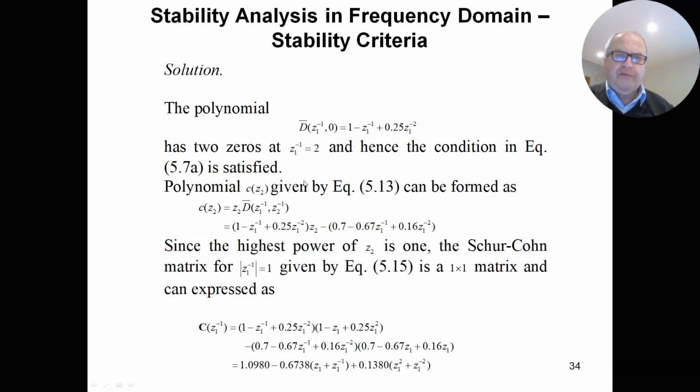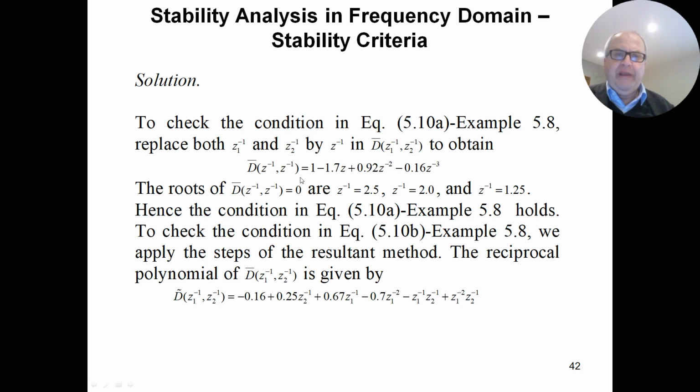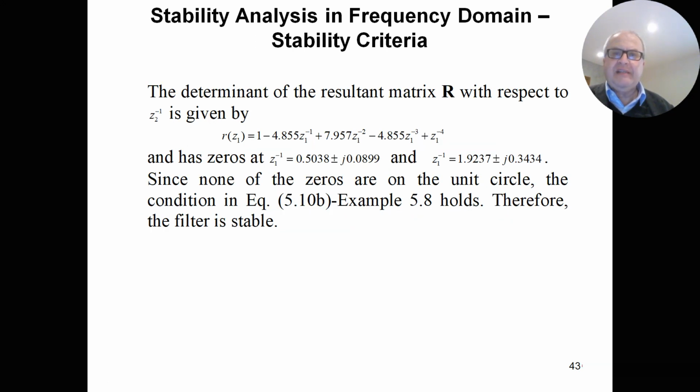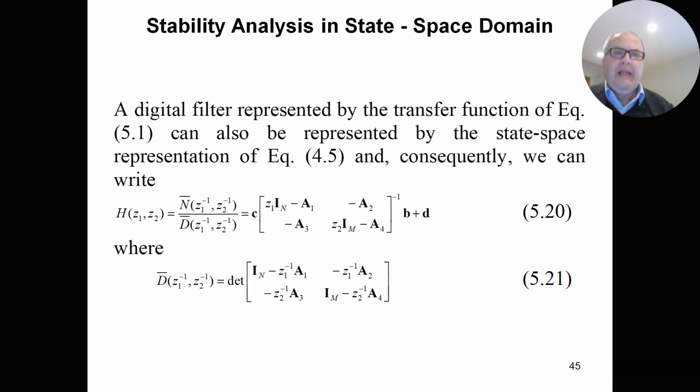The second methodology for the same example. If we apply this methodology and make all these necessary steps, we will find, of course, the same result. The two different methodologies must give the same results. So if we follow this algorithm, we will find that this filter is also stable.